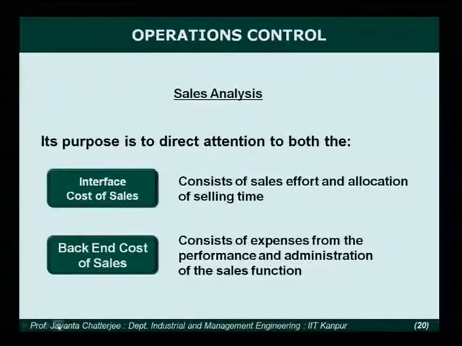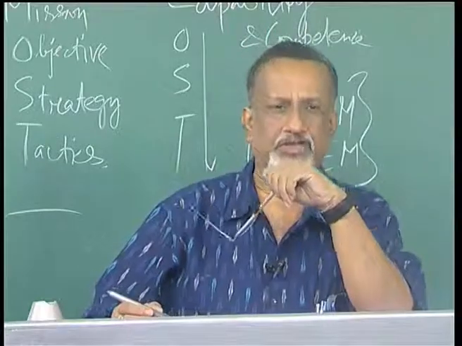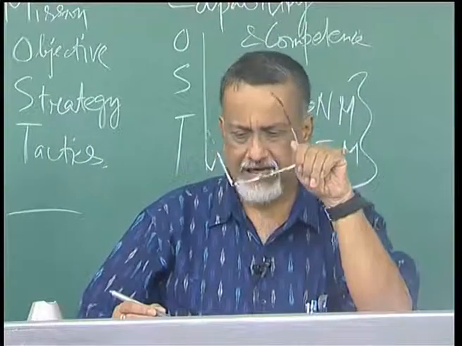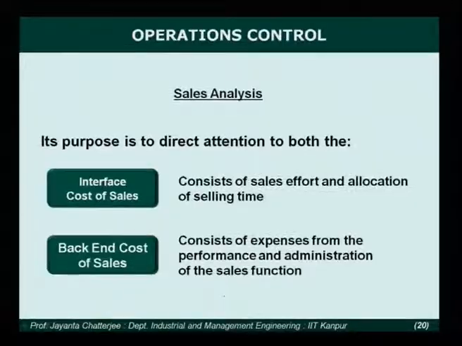The other kind will be based on the activities, like the frontline activities, that means activities that are incurred because of the sales calls, field marketing people going out to support the distributors, and the other kind of marketing expense that we have to look at, what we call back end cost, that consists of all the performance and administration of the sales function related costs.